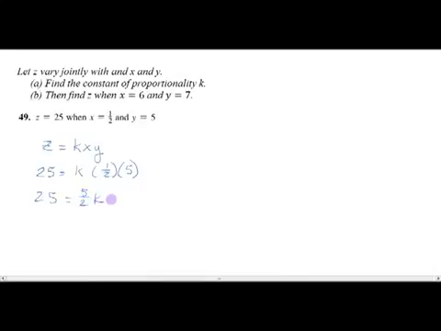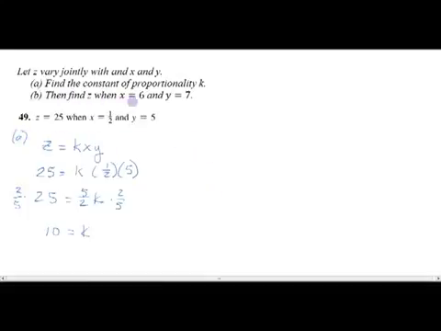And if I multiply both sides by 2/5, then on the right I have just my k. On the left, 5 will go into 25 5 times, and that 5 times the 2 is 10. So my constant of proportionality k is 10.